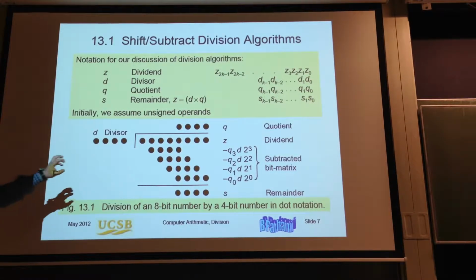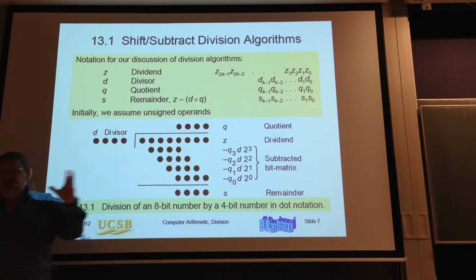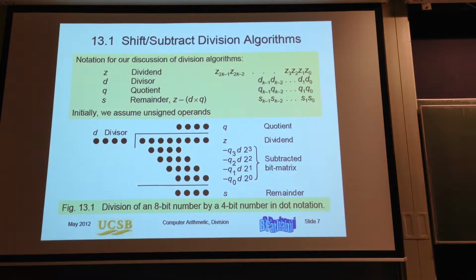Then the dividend is twice as large as the divisor. And this is obvious why, because if we think about multiplication, we had two operands for multiplication and the product was twice as large as the number of bits.